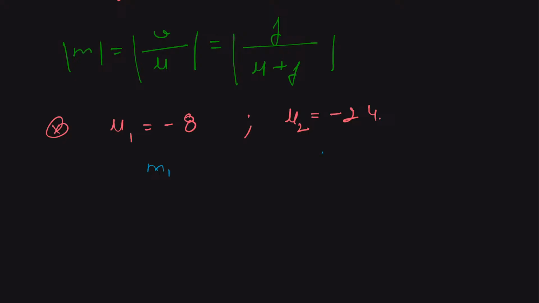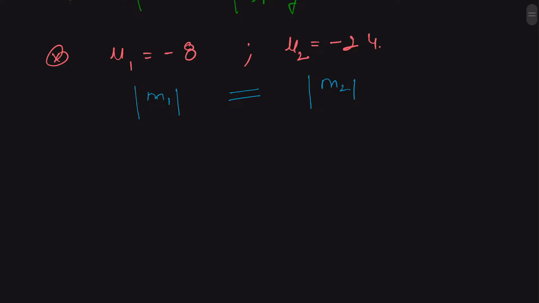In the second case, the magnification is m2. So let us write only the magnitude part, and it is given that both are equal. So therefore, we can write this as f upon u1 plus f is equal to f upon u2 plus f.